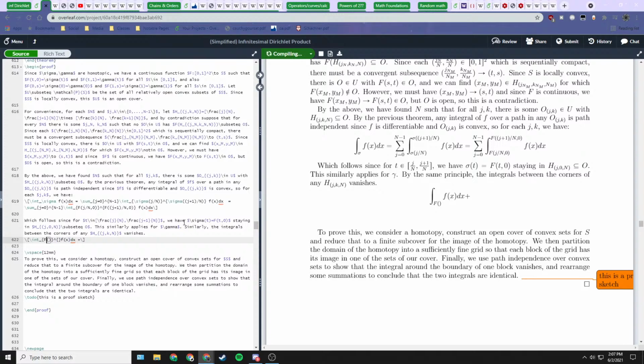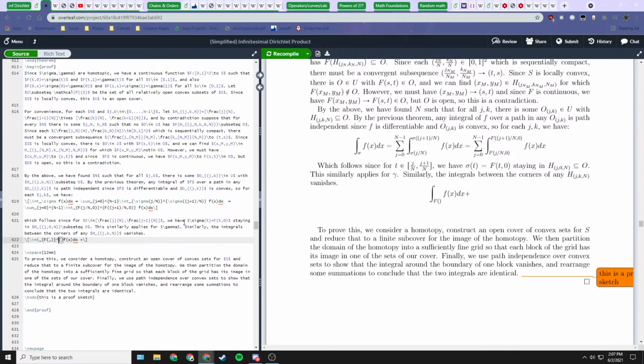So how is this going to be? We want this to be in the counterclockwise direction.